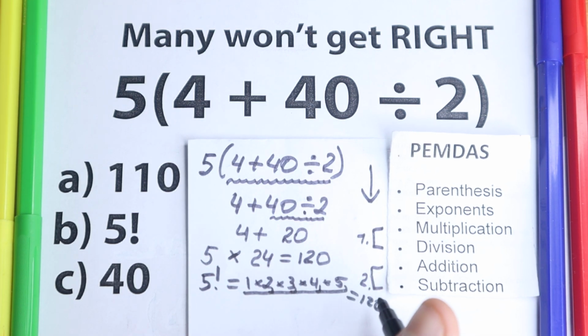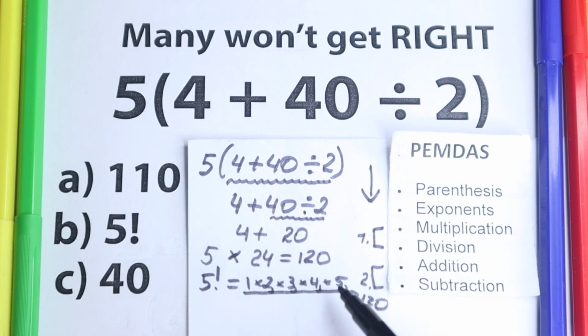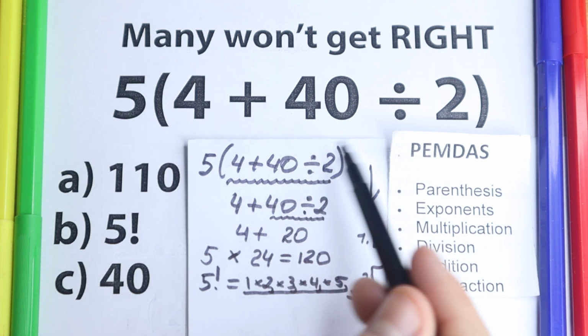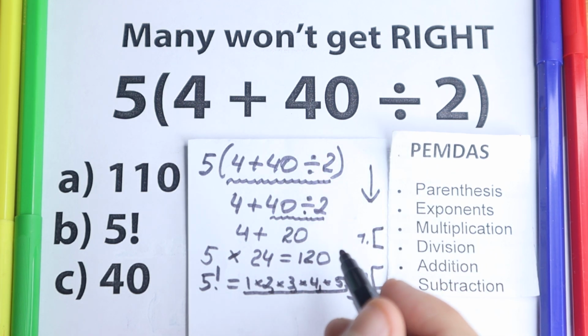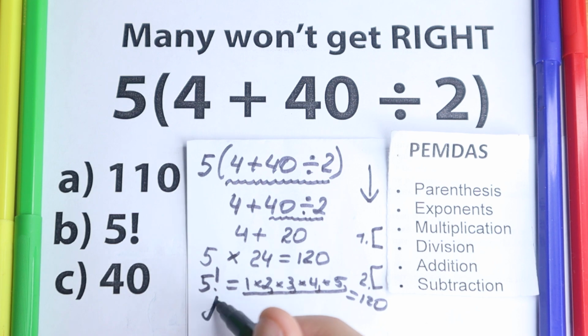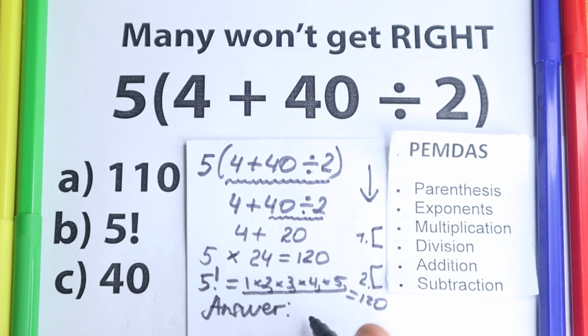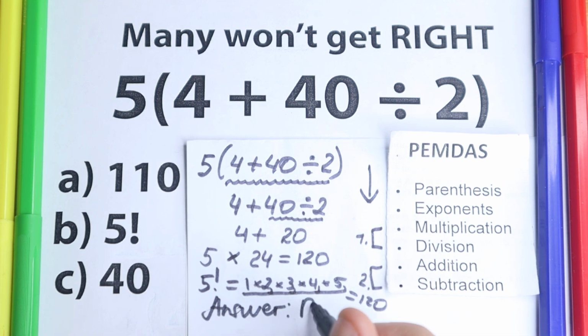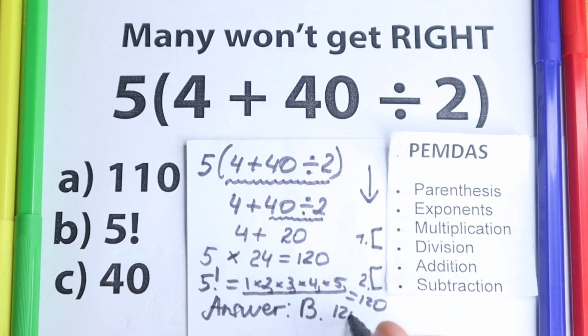And this is very good, because 5 factorial is the same as 120 if you express it as a number, not a factorial. And this 120 is the same 120 we get from this algebraic expression according to PEMDAS. So our correct answer to this test is option B. This is 120 or 5 factorial.